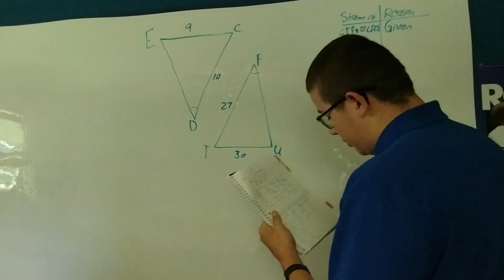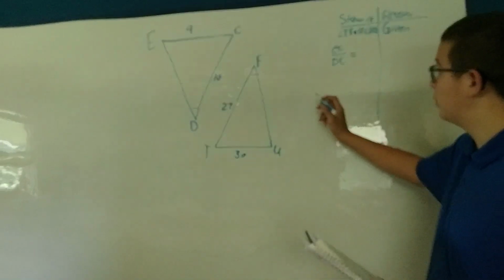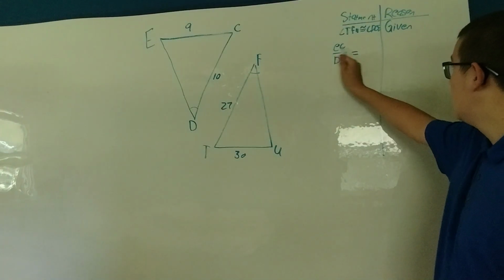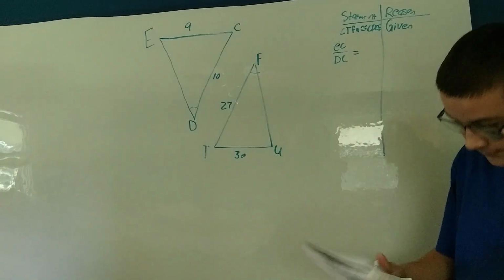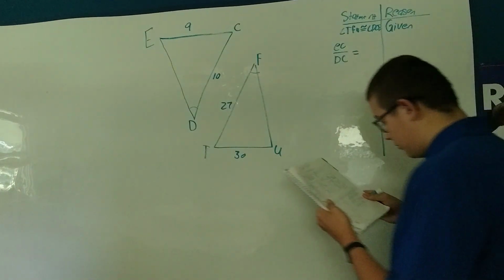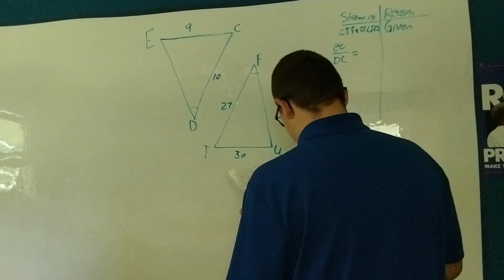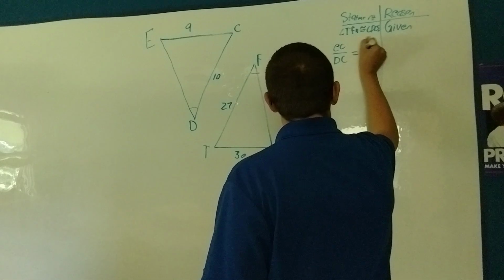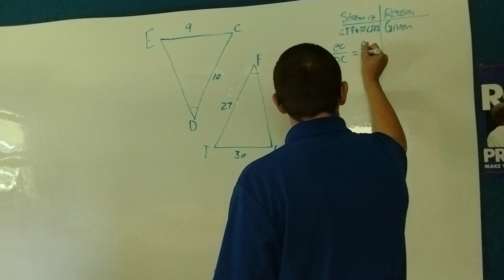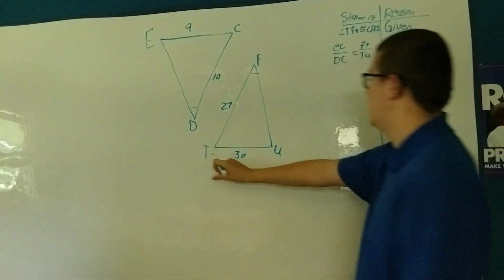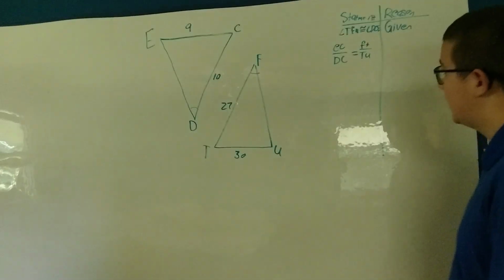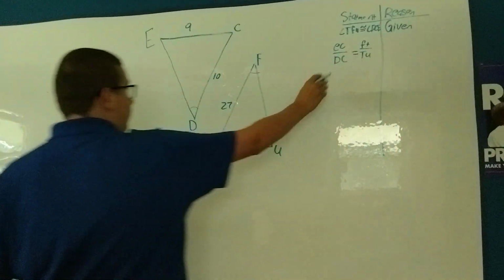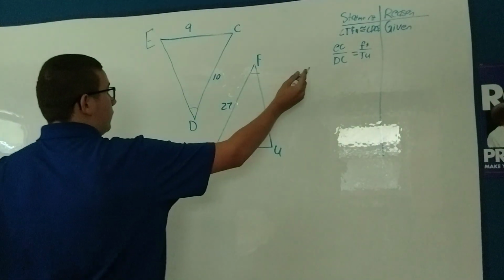So that is equal to, and again, because we're not using the actual lines, but rather the length of those lines, we don't put the line over top of it either, FT over TU.